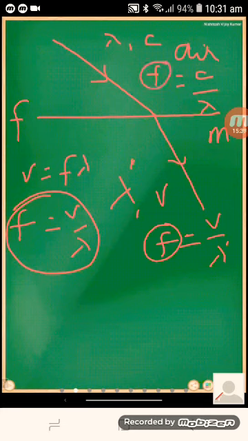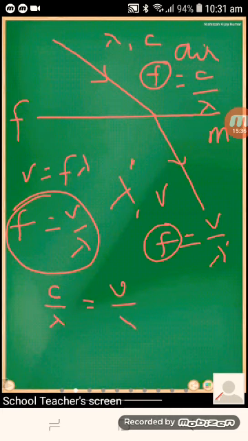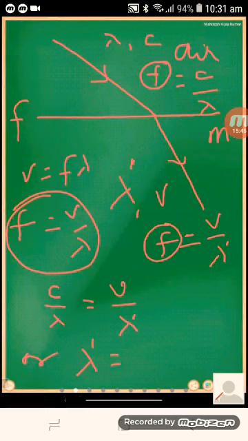Now we know that the frequency in both cases is going to be the same, and as a result we can equate c by lambda is equal to v by lambda dash. Or we can change this formula for lambda dash, that is equal to v by c into lambda.